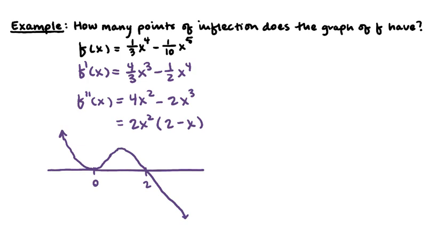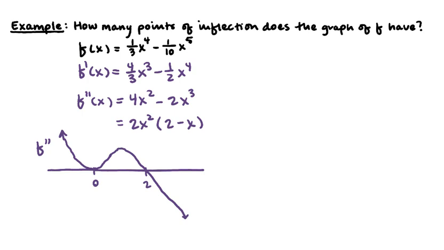Okay. So the question is, and I'm going to remember to label my graph, it's the second derivative of f. How many points of inflection does the graph of f have? Well, I'm seeing 2 zeros. What's the deal with x equals 0? Yeah, there's no sign change because of the multiplicity 2.